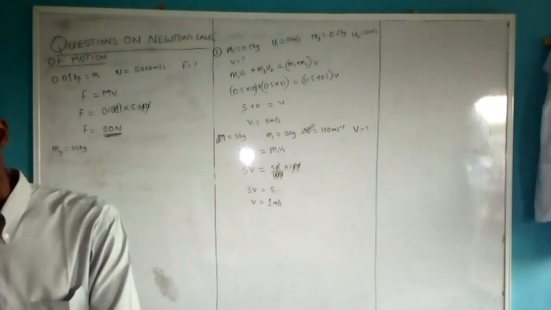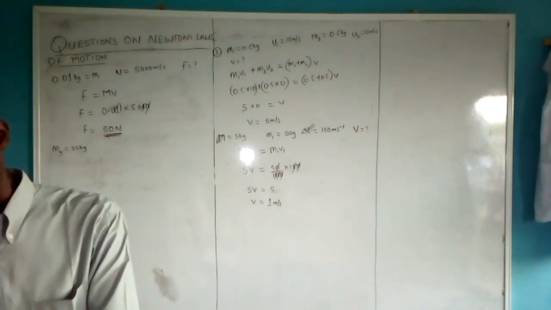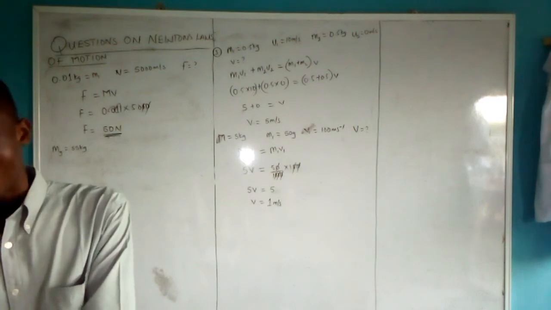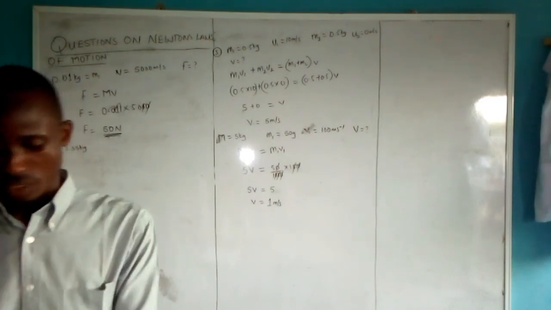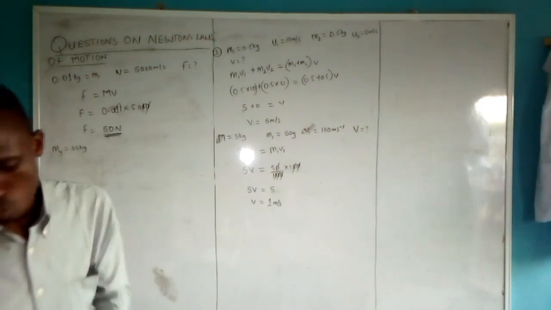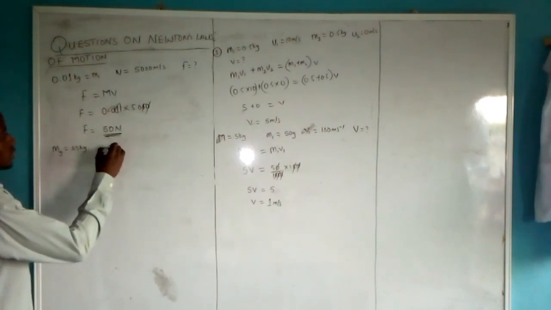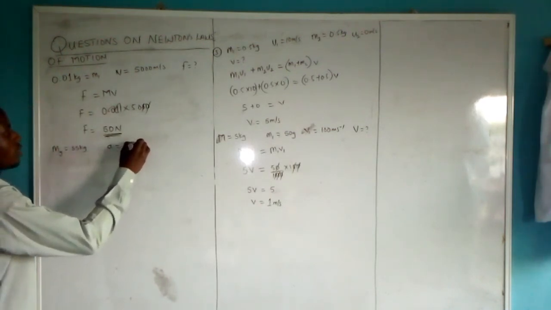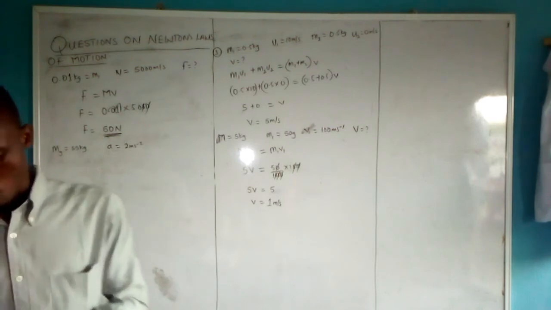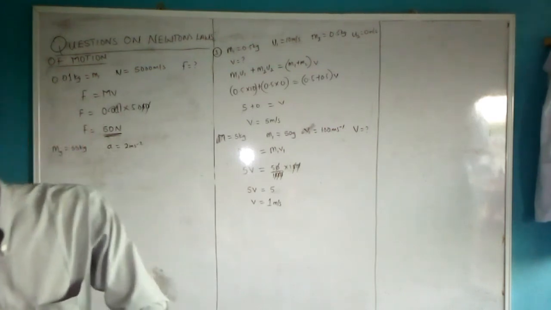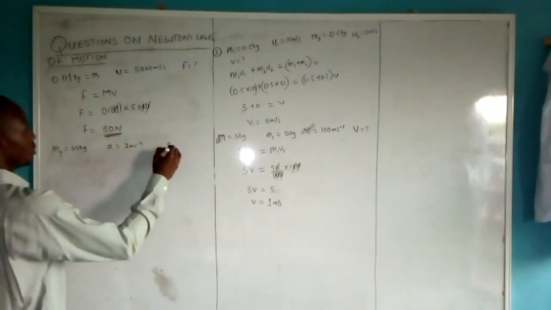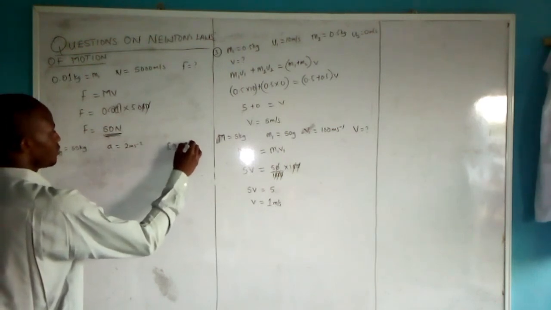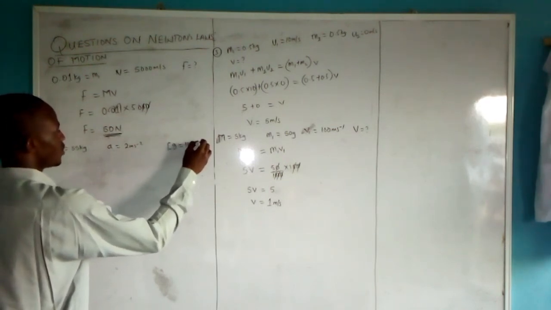When the lift starts to ascend, meaning it moves up, its acceleration is 2 meters per second squared. What will be the reading of the machine? Take g as 10 meters per second squared.